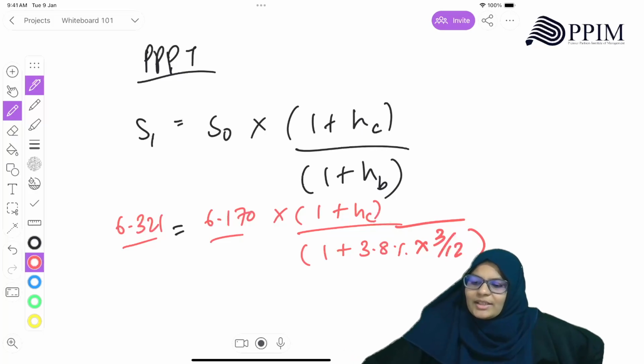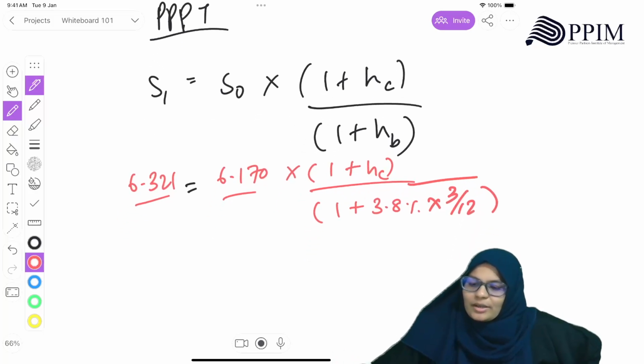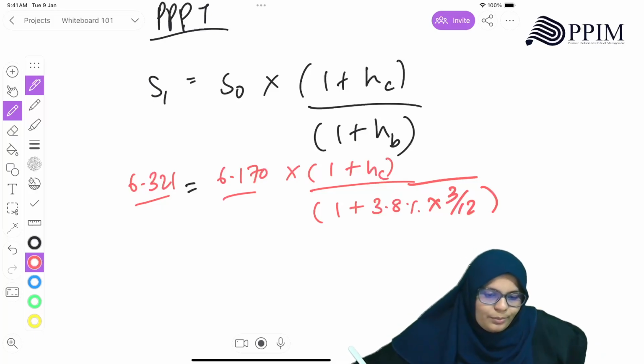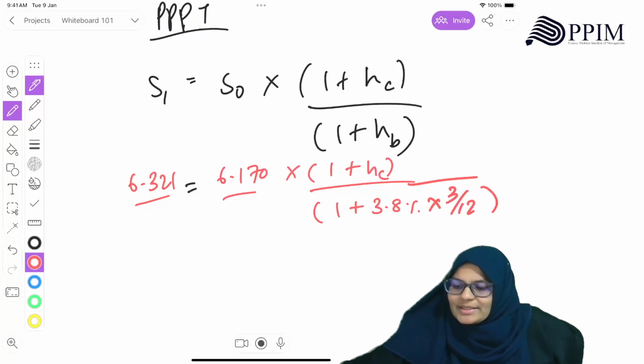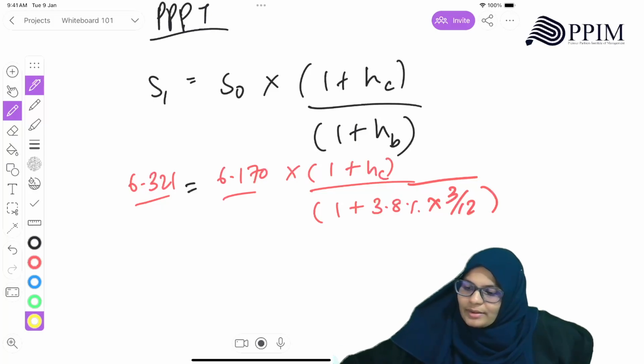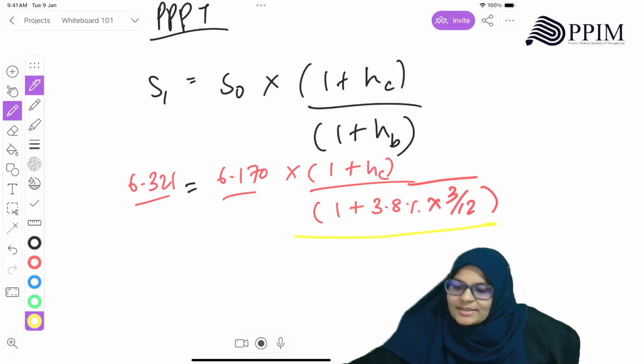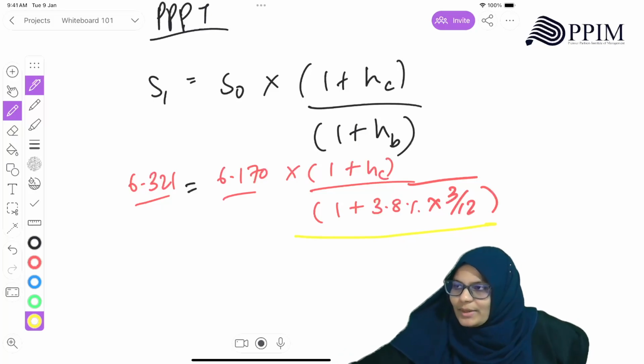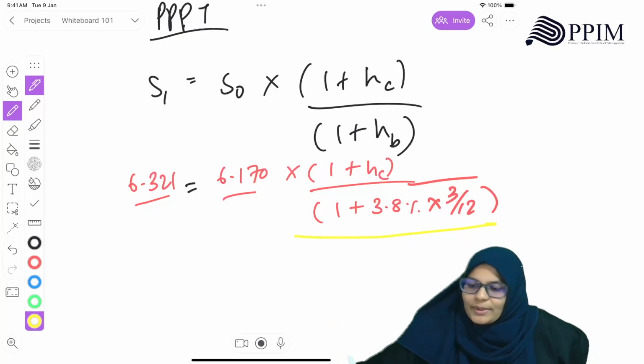Then it's just a matter of rearranging this equation to get your answer. So what you need to do is get the answer for this denominator, then multiply this side by that answer and 6.321 by that answer, so it will cancel off, and then divide by 6.17, that answer minus 1. I hope you know how to rearrange an equation.